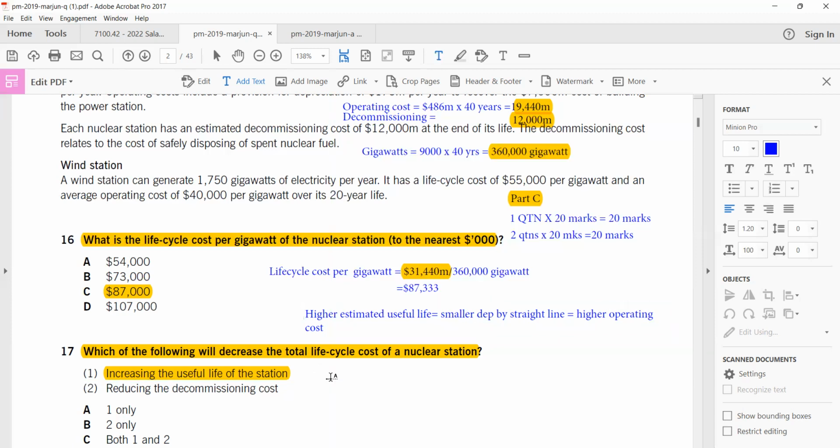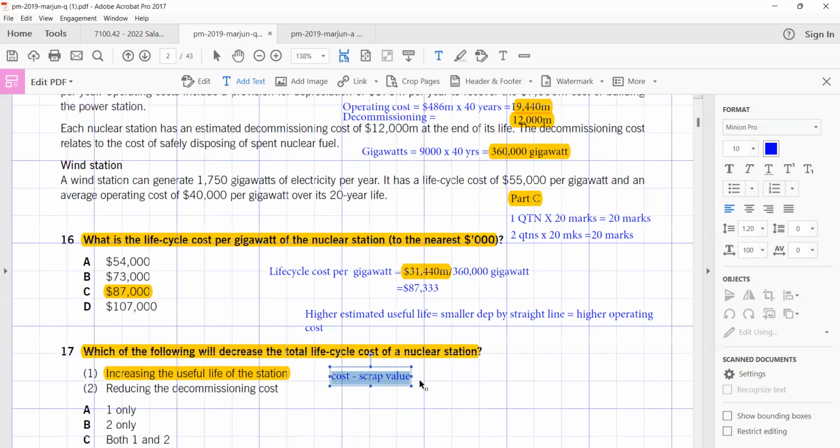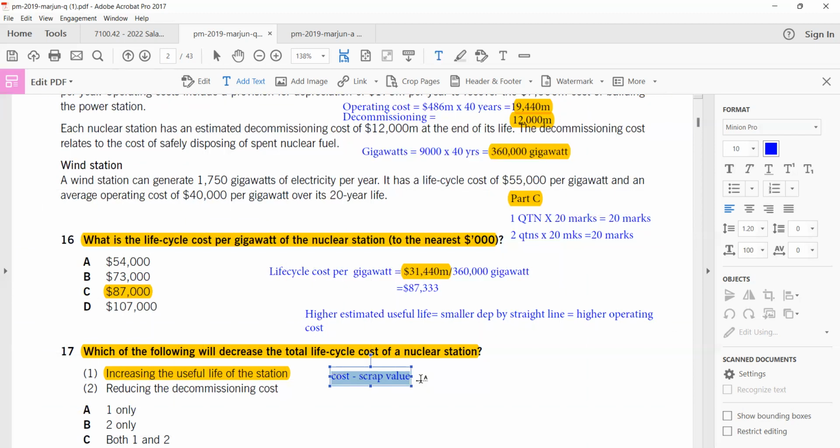Then let me use figures. We know for sure that we calculate depreciation as cost minus residual value, or scrap value, divided by the estimated useful life, right?